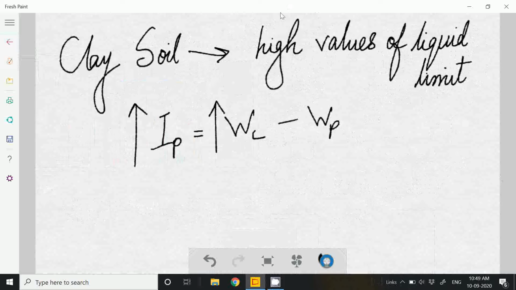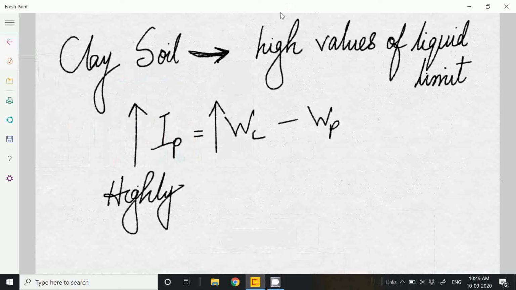So clay soils generally have high values of liquid limit. In some cases you may not find high values, but in many cases you will. If you get this kind of situation, then you can say that this is a highly plastic soil.